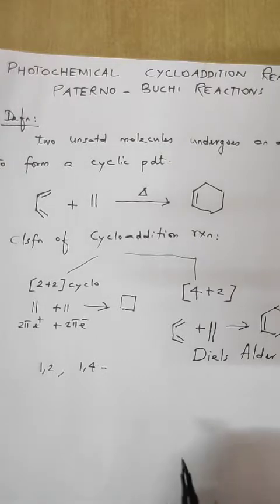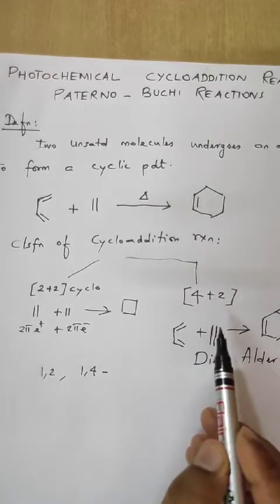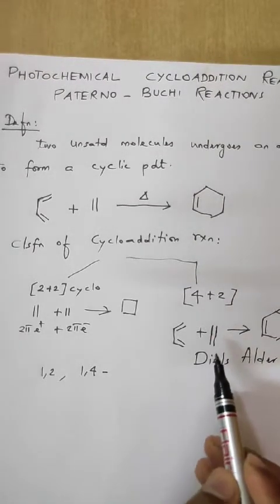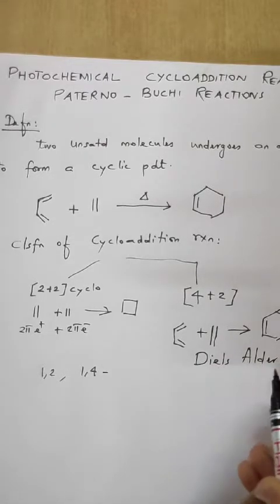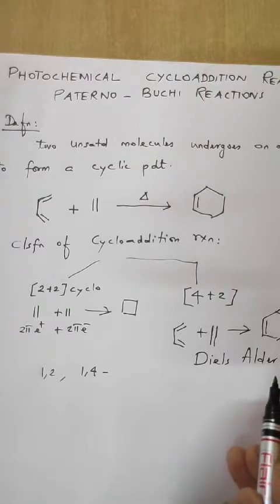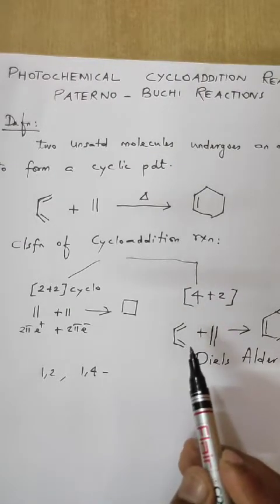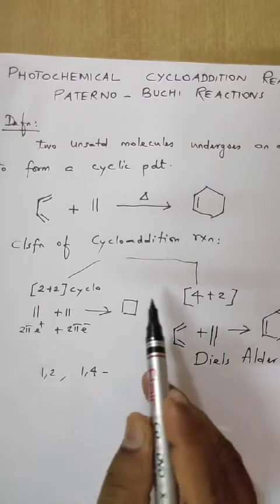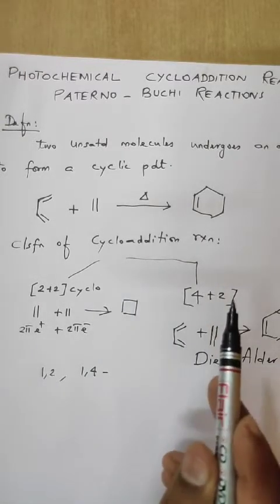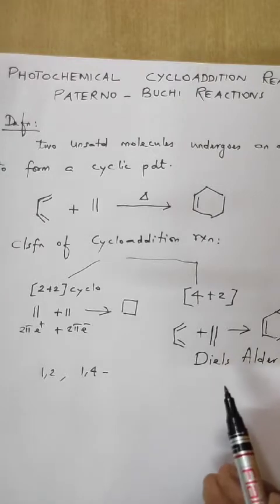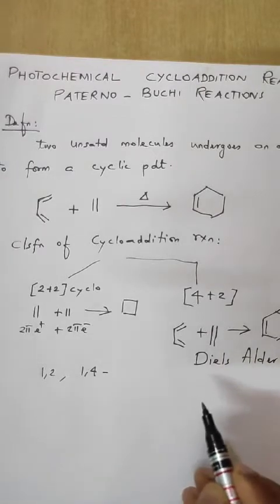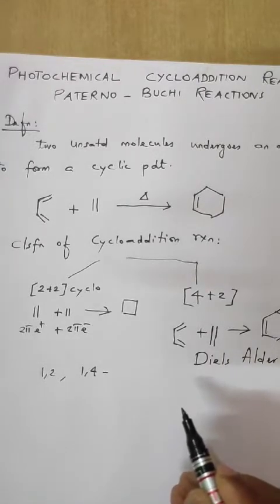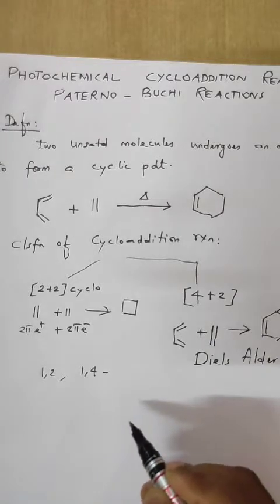The 4+2 cycloaddition reaction has been discussed just now, that is the Diels-Alder reaction. 1,2 and 1,4 cycloaddition also occurs photochemically with or without sensitizer. In many cases, highly unusual products are obtained.